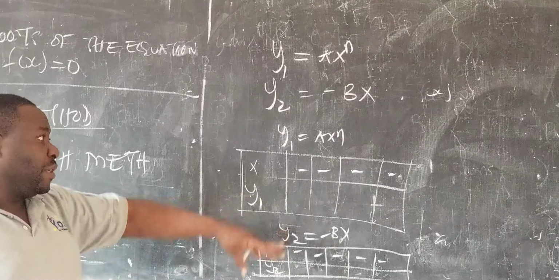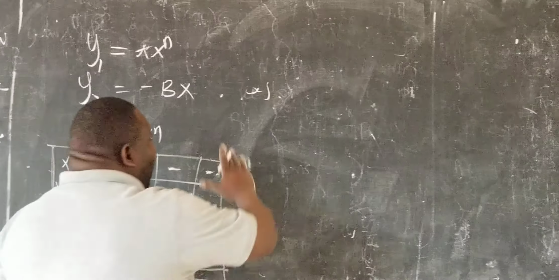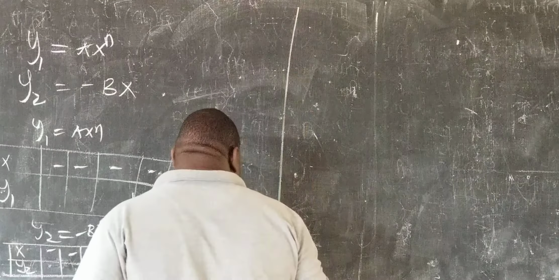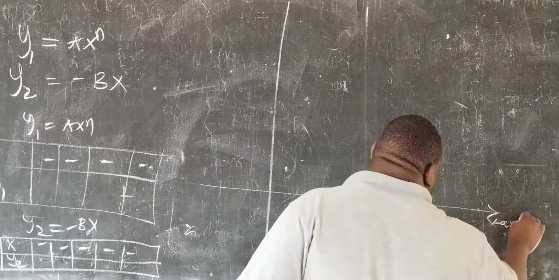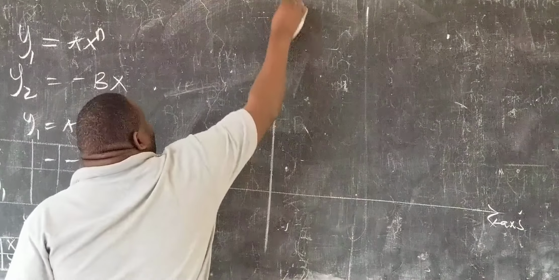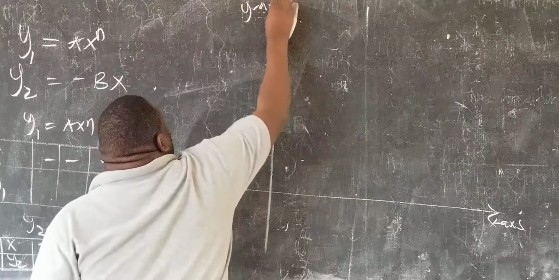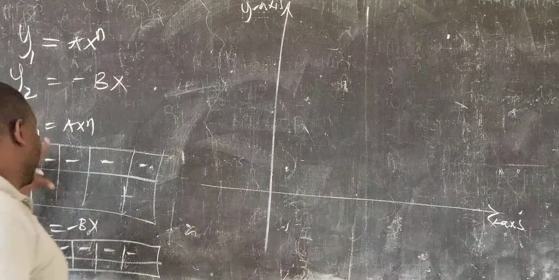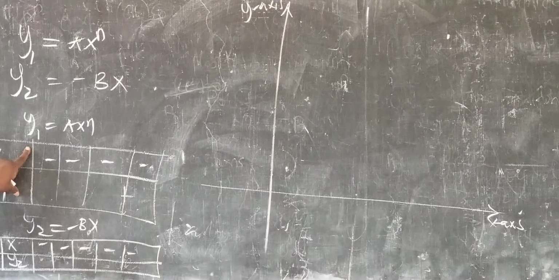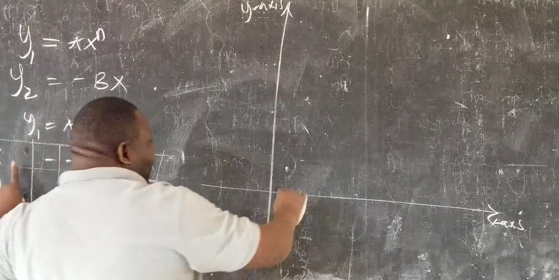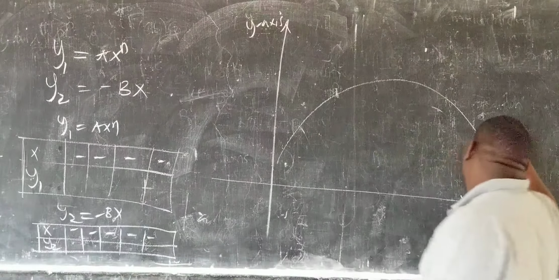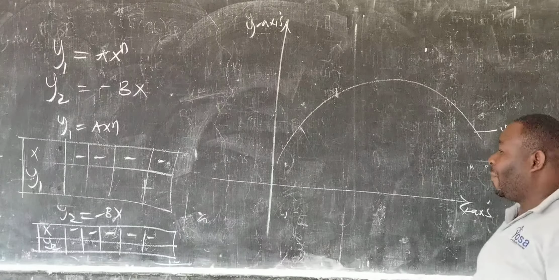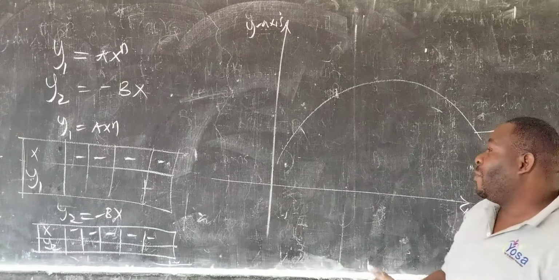So that when you plot these graphs, you put them on the same axis. This is the x-axis, and this one here is the y-axis. You plot the first one as y1. For example, you can take this shape. We are not very sure, but we shall plot the two graphs.